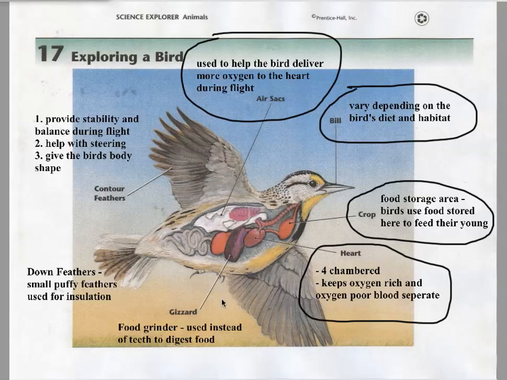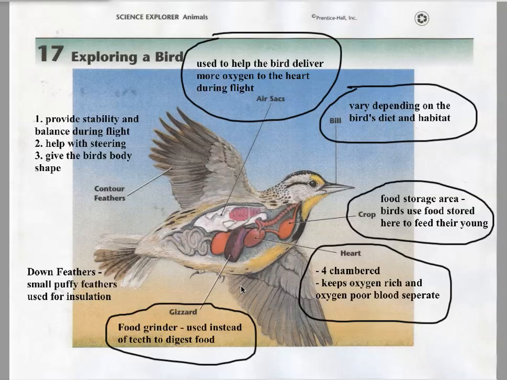Moving from the crop down the digestive system, we come to the gizzard, and due to the bird's lack of teeth, helping keep it lightweight, the gizzard is the food grinder. It replaces the teeth. It does the job that teeth in humans do, which is grind up our food before it moves through our stomach and through our digestive system.